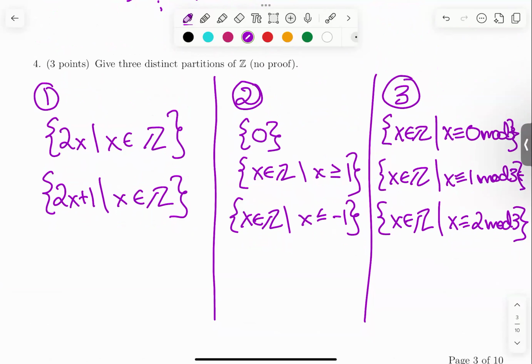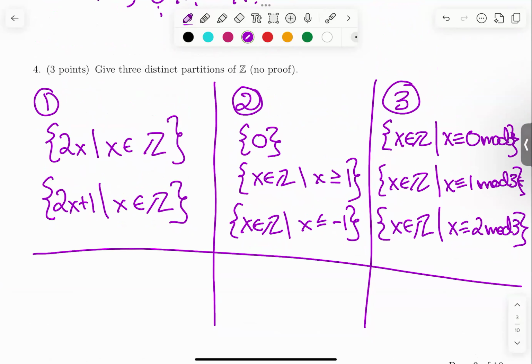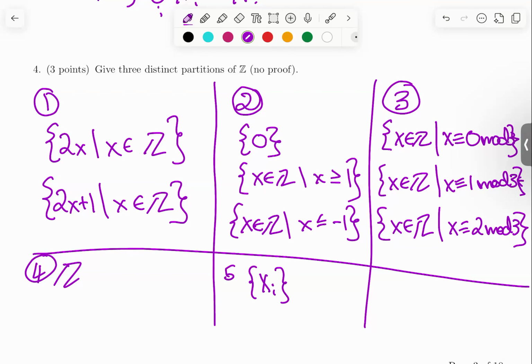I mean, you could just say the integers, right? You could say X sub i, i in the integers, such that X sub i is defined to just be the integer i.